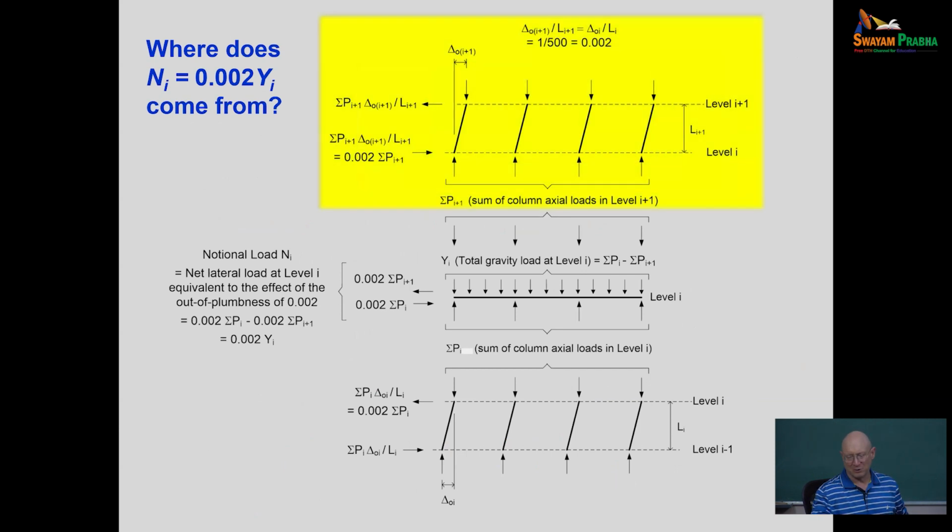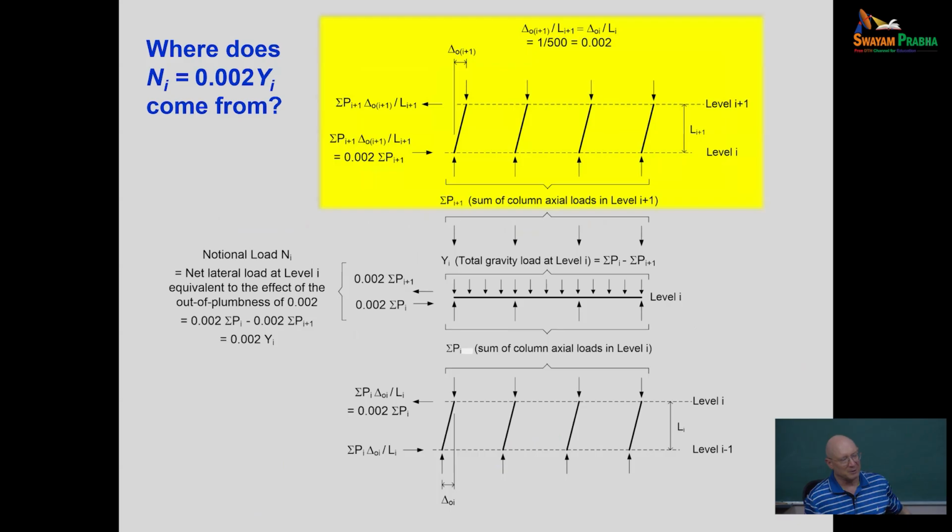Now, if we look at the story on the top here, what we're saying is it's a P large delta effect. So we're looking at we want to get P large delta shears associated with the initial out of plumbness.